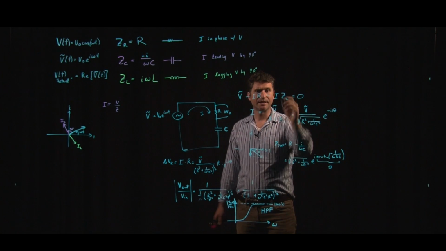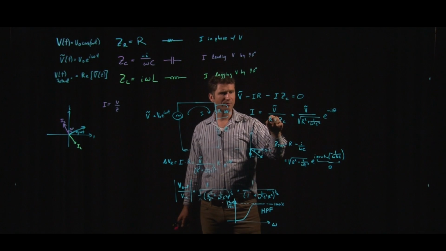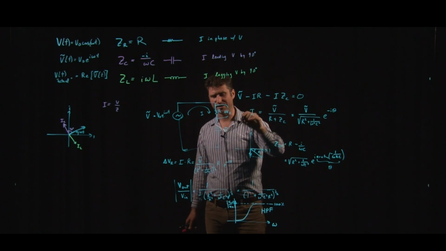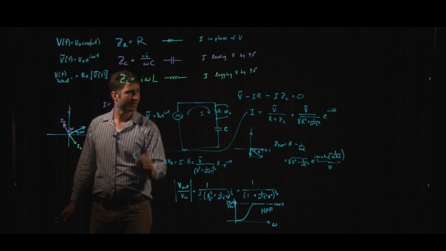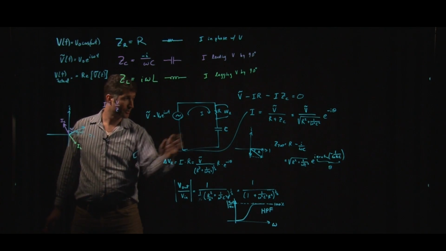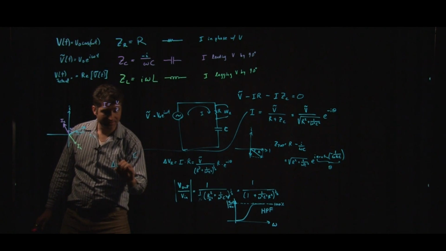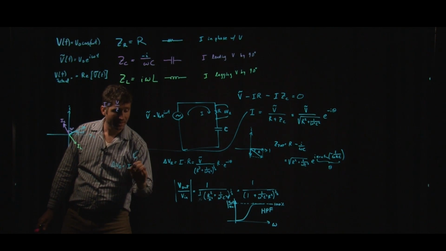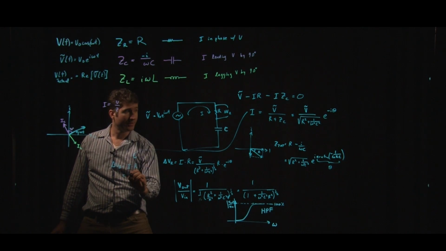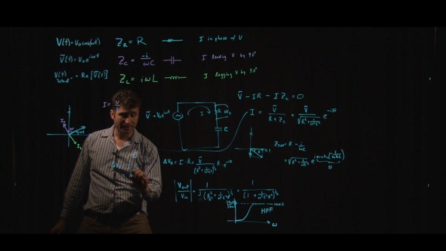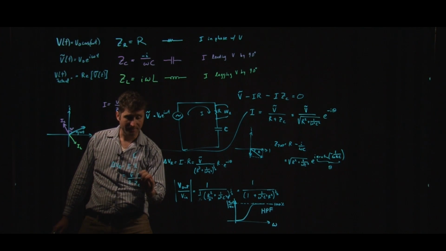If I wanted to simplify this, I'm going to take this over here, and if that's my I, which is just V tilde over r plus zc, then I can write delta vr is equal to I times r. So that's equal to V tilde over r plus zc times r.